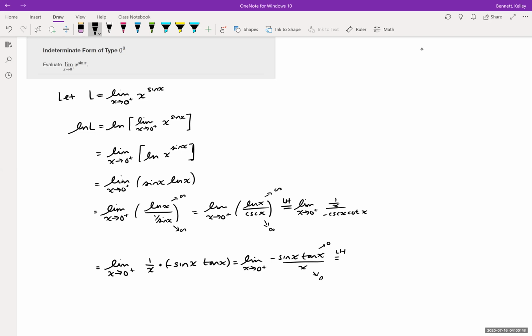I have to do the product rule on the numerator, which is no problem. I still have yet to evaluate the limit. So I'm going to get negative sine x times secant squared x minus cosine x tan x over 1.